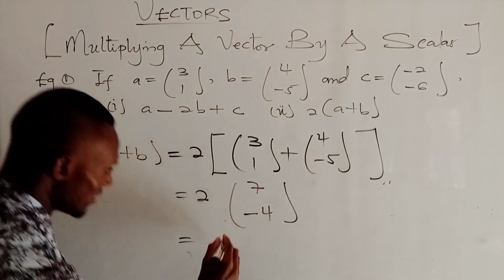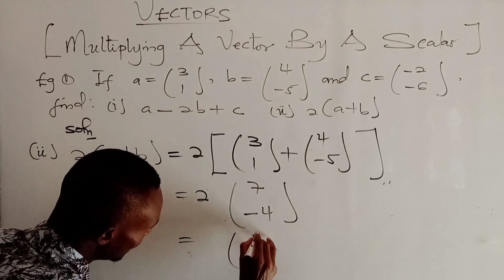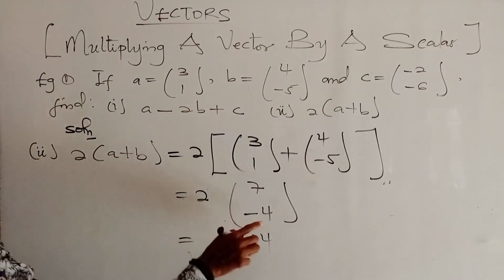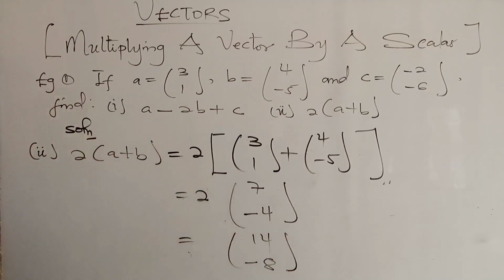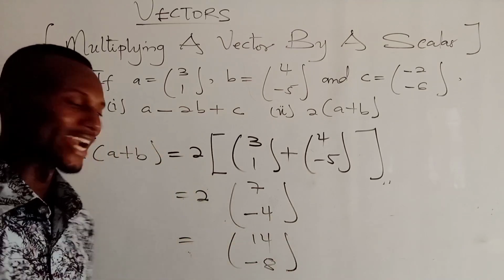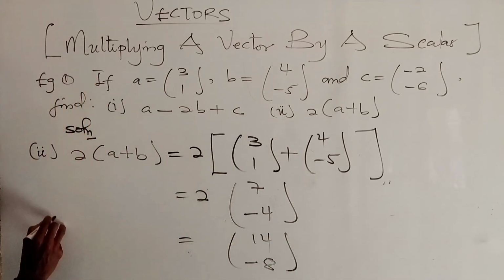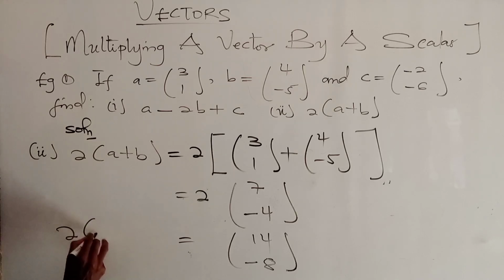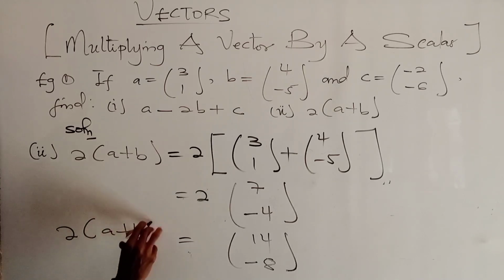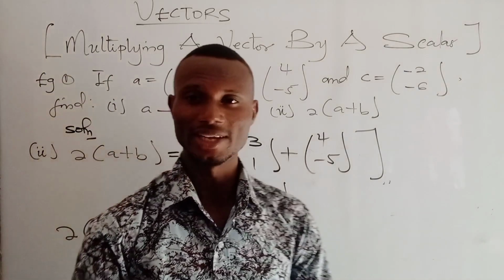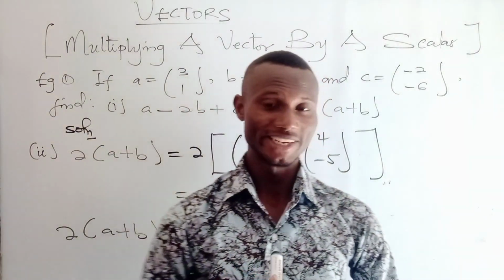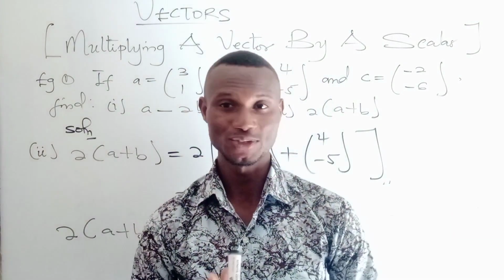So 2 times 7 gives 14. So I'm going to have 14. And 2 times minus 4 gives minus 8. And this becomes our final answer. So 2 multiplying a plus b, the answer is 14, minus 8. That's the final answer.